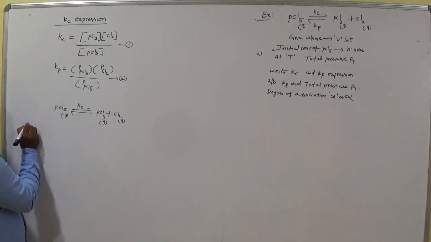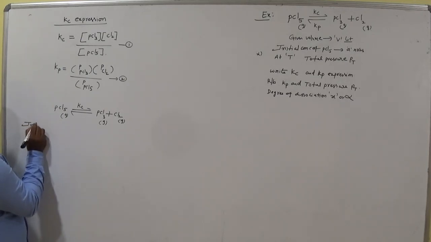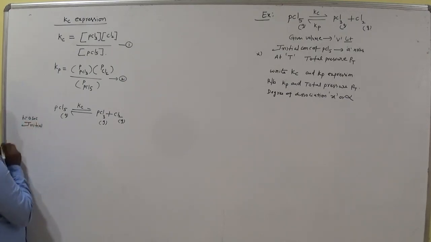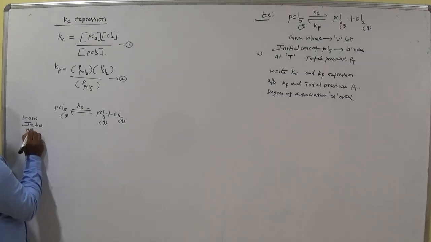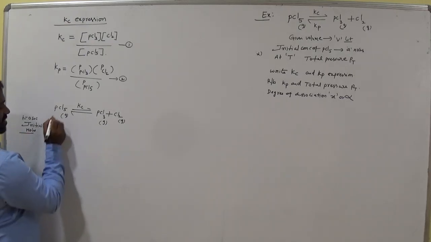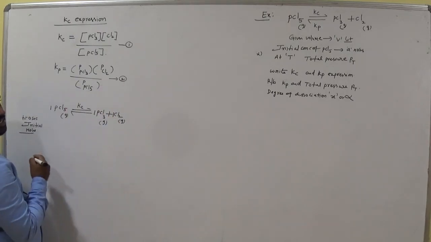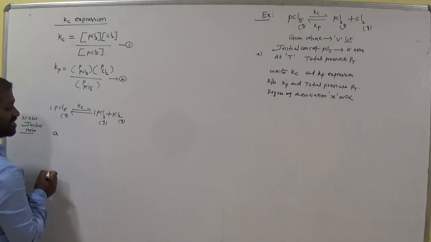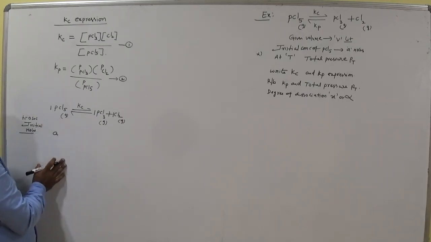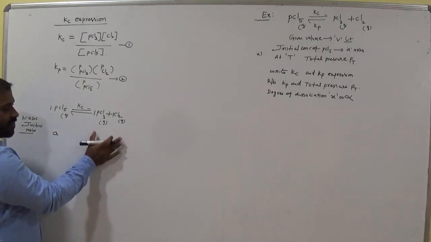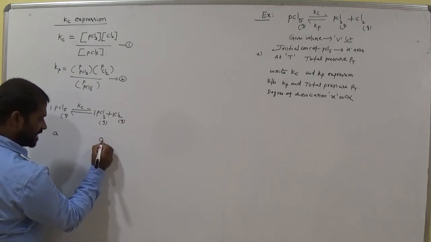So initially, at t equals 0 seconds, initial moles, how many moles are given? Here it is 1, 1, 1. How many moles are given initially? That means concentration of PCl5 is A. These are the reactant. So initially, is there any moles or any concentration of the products? No. That's why it is taken as 0.